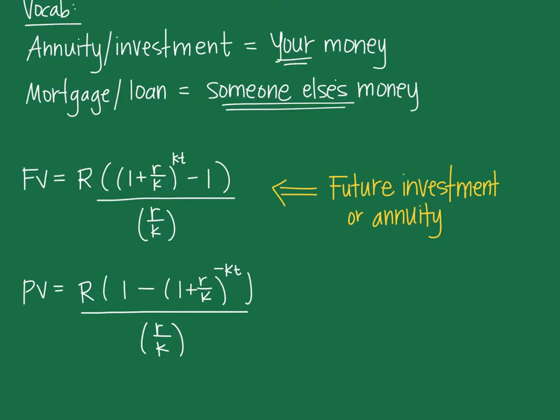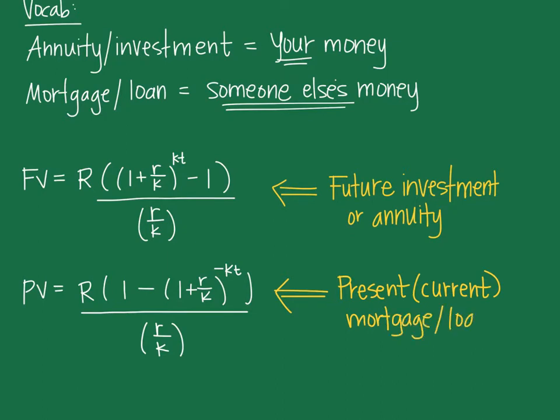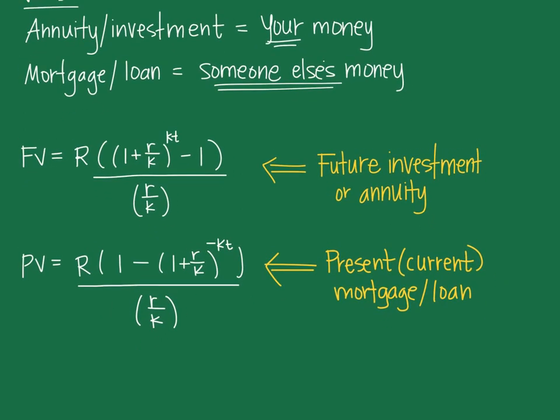As opposed to P, which means present, not past, but present, current. Not like a gift, not like a Christmas present. Present as in not the past and not the future. So present is current, mortgage or loan. So as long as you understand which one to use in which context.